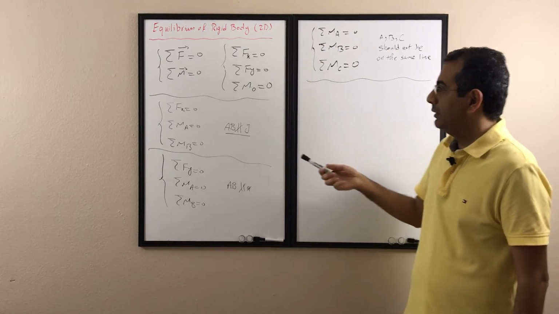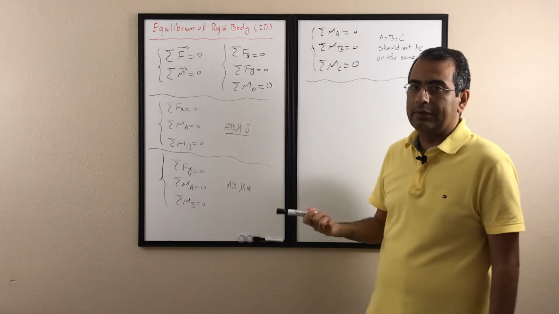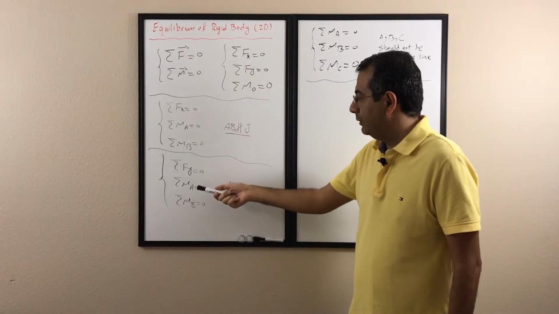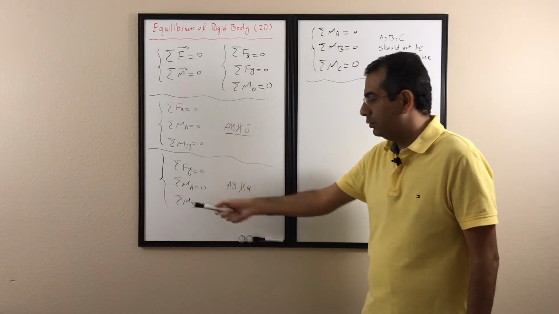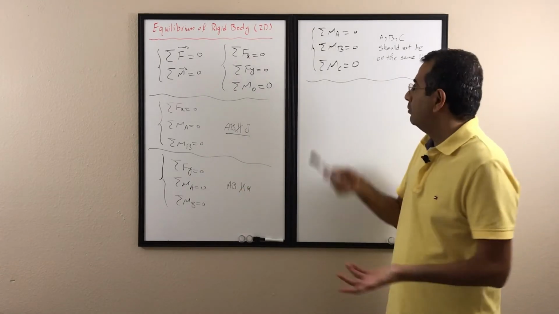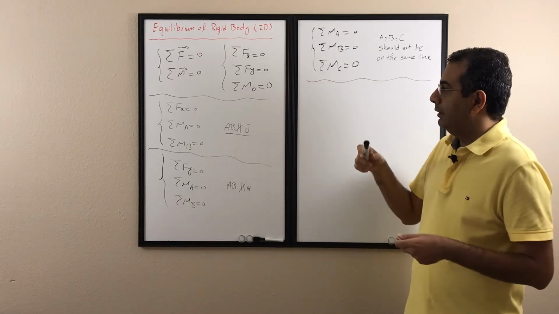So for example, here we may start with Fy, then do the moment, and then do Fx, or here we may start with the moment over A, then do the sigma F, and then go to the moment over B, or here start from C, then B. So we can go in any order.